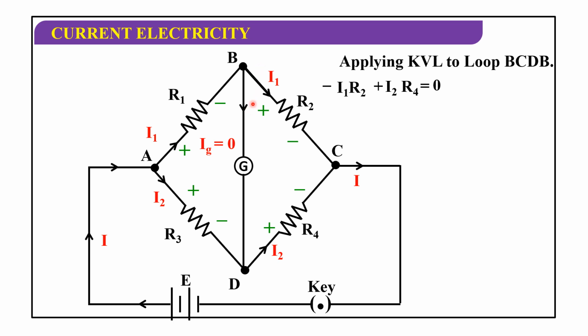We have taken IG as 0, so we are neglecting the IG part here, because this is I1 minus IG and this is I2 plus IG. That's why I1 is flowing through BC and I2 is flowing through DC. So from this expression we get I1 R2 is equal to I2 R4. This is equation 2.